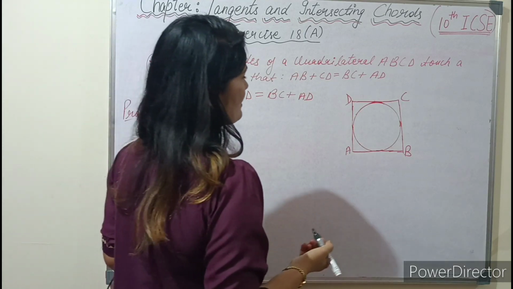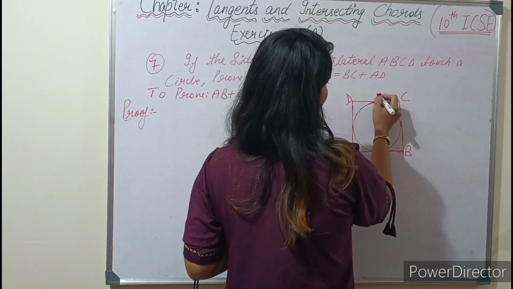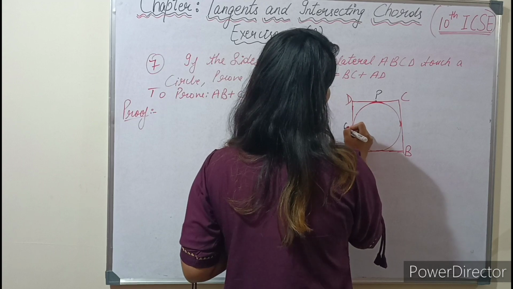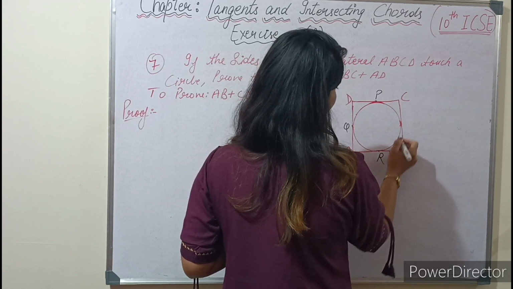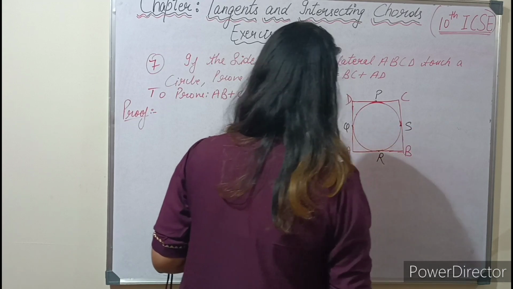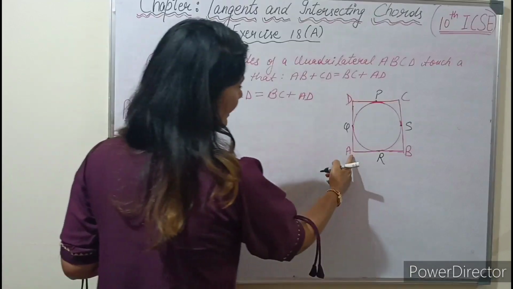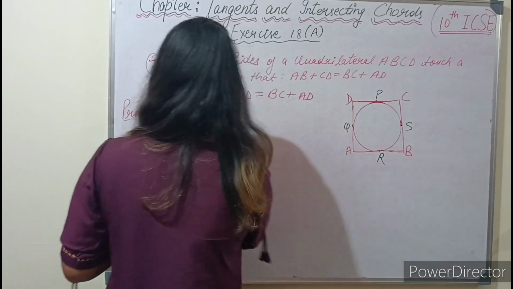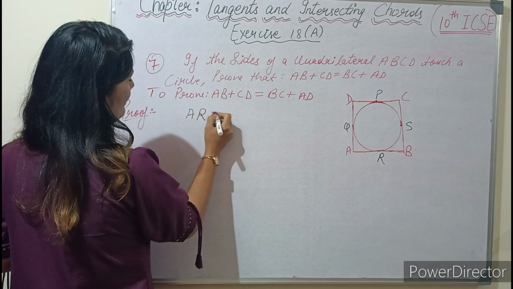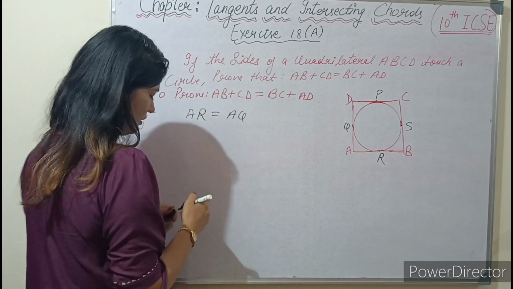So in this case, let us mark these points as P, this is Q, this is R and this is S. So here can I write AR is equal to AQ? AR is equal to AQ.